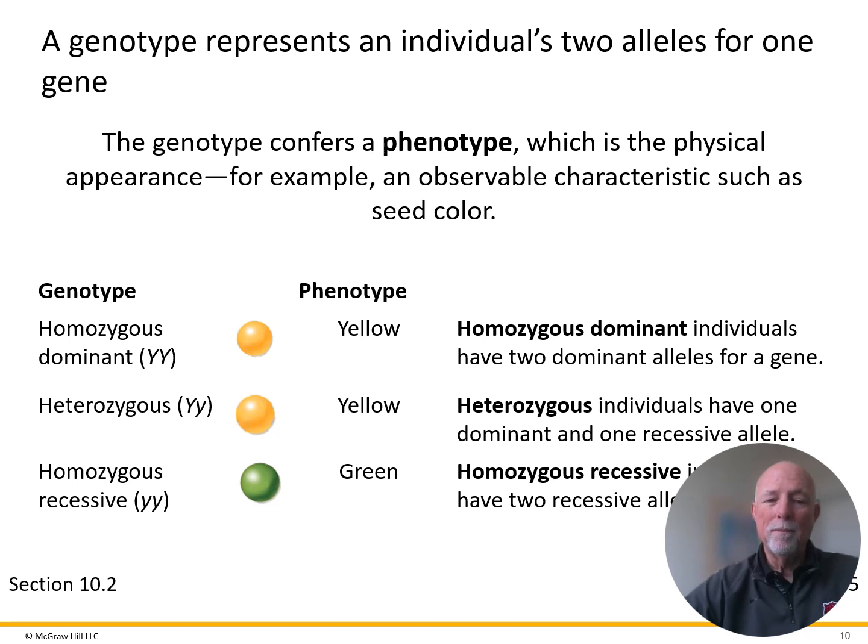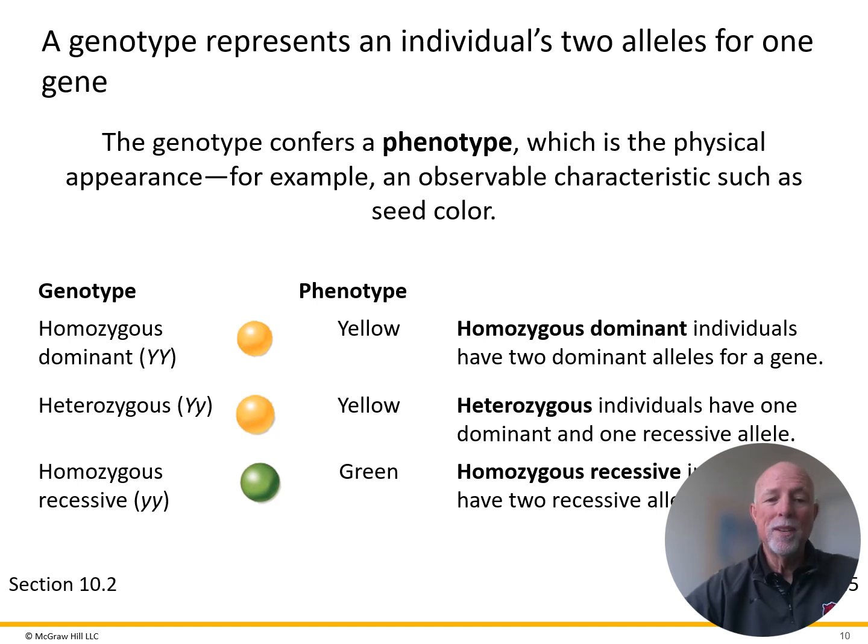Look at this one here. This plant is yellow, but it is heterozygous. Hetero meaning different. Capital Y, lowercase y. Dominant gene, recessive gene. Remember, two genes for every trait. But if the dominant gene is there, it is expressed. So this is a yellow seeded plant.